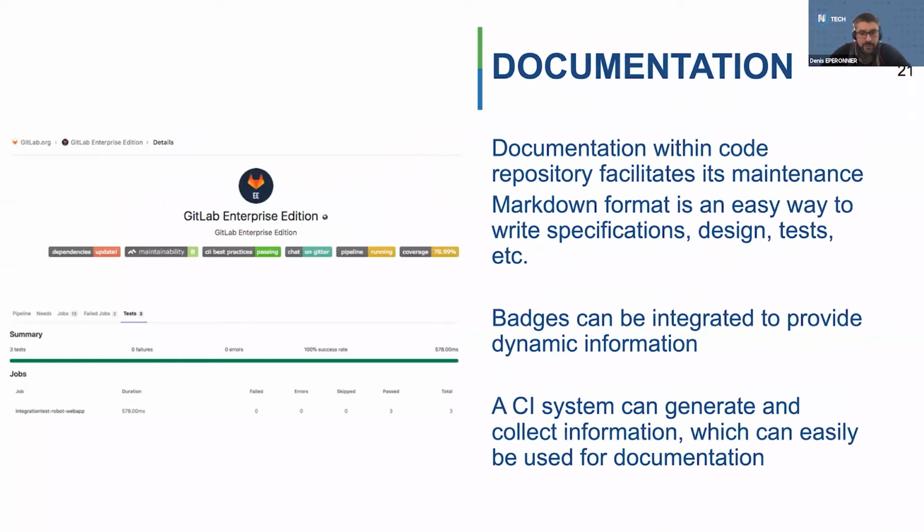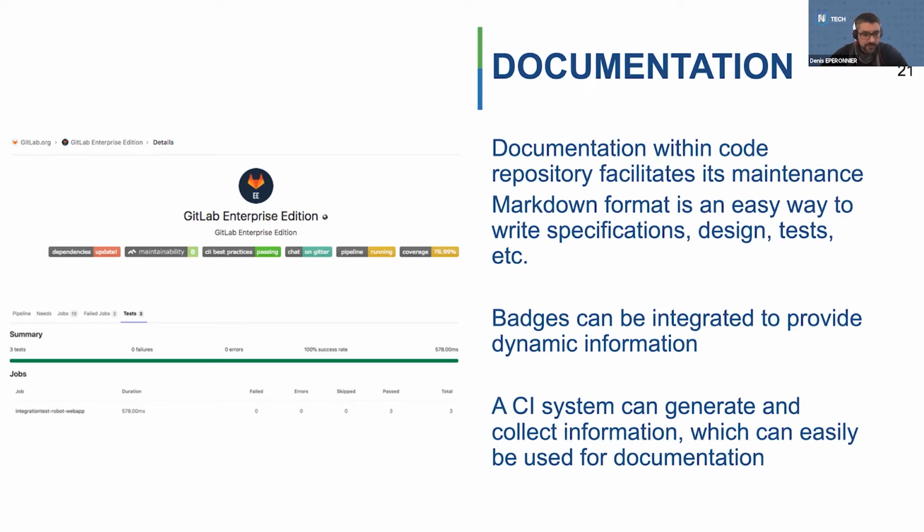Another concept which can be supported by a CI system is documentation. You, of course, have to have documentation to explain your software in terms of specification, use cases, design, test, etc. Having this documentation in your repo makes it even easier to maintain, for example using Markdown format or equivalent.